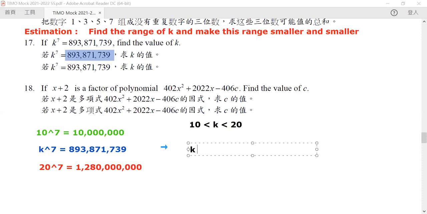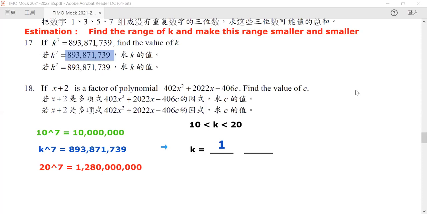So in other words, k can be written in the following form, a 2-digit number in which its first digit must be 1. So all we need to do is to estimate. Now, the range is small enough. What we need to do is to estimate the last digit.